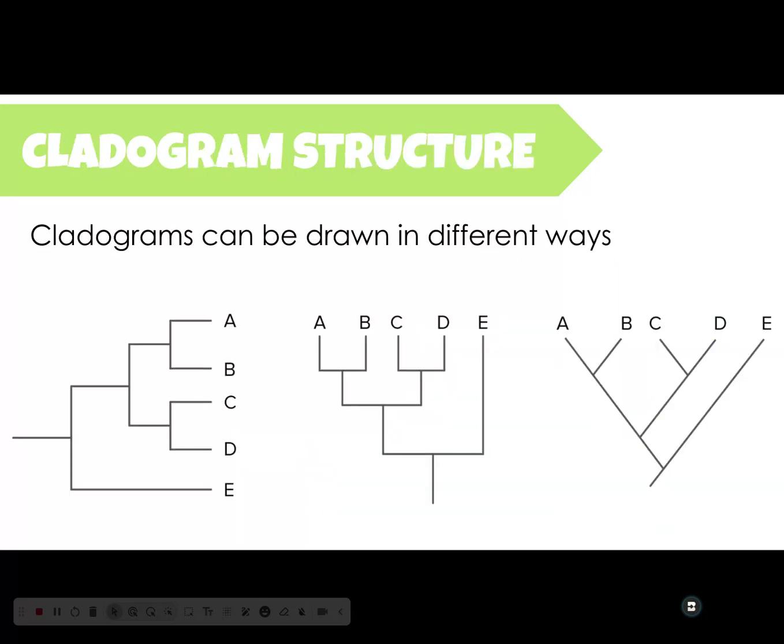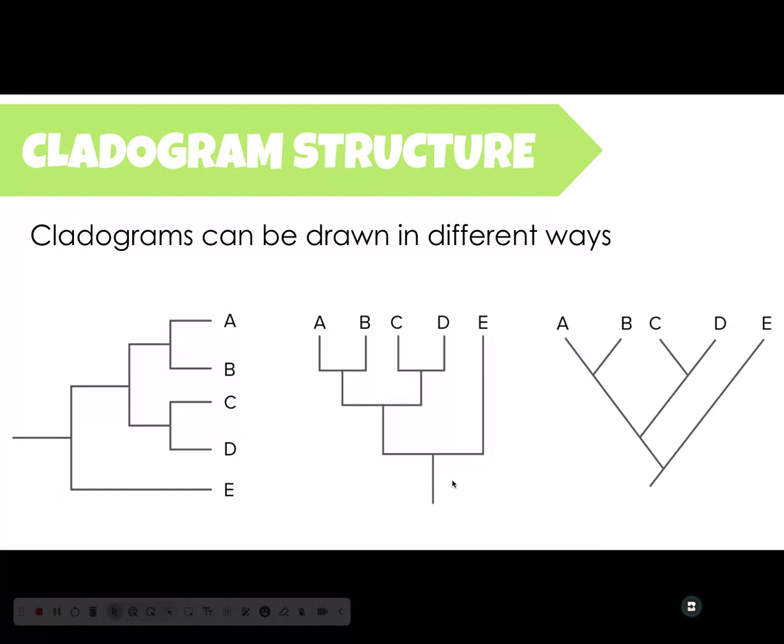And there are different formats that you can draw a cladogram in. So there are 3 different cladograms on the screen here. All 3 are identical in the way that they're comparing organisms. It's just different formatting. So the one I showed you is where the time is horizontal, so old to present goes from left to right, and the present day species are on those branch tips on the right hand side.